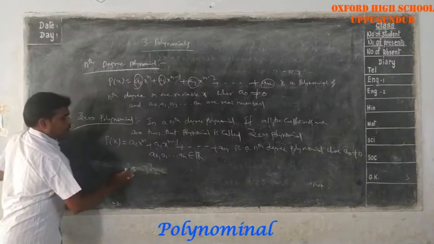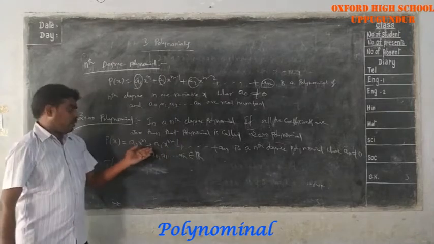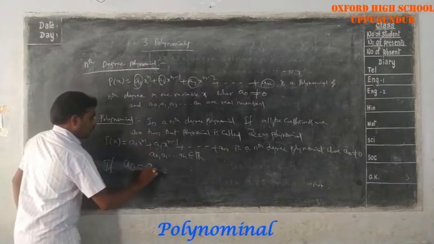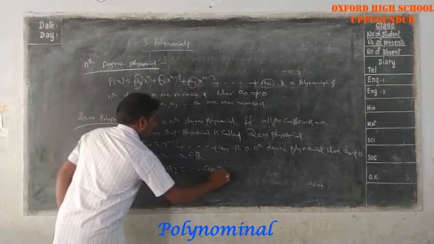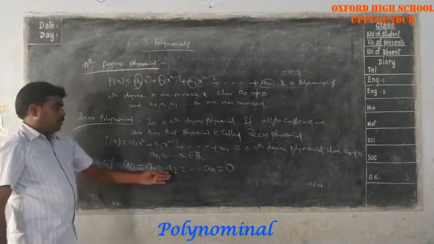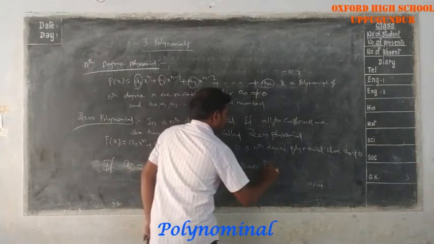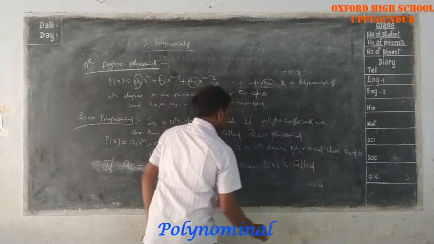Otherwise, you can write: if all these coefficients of the variables, what are the coefficients of the variables? a0, a1, a2 and so on, an. All the coefficients of the variables are 0, then p of x is called zero polynomial.